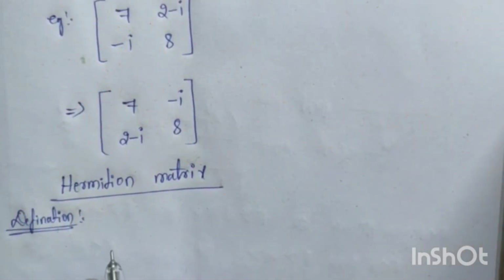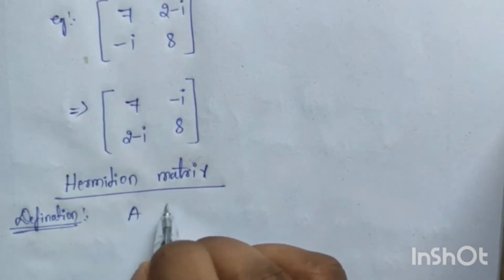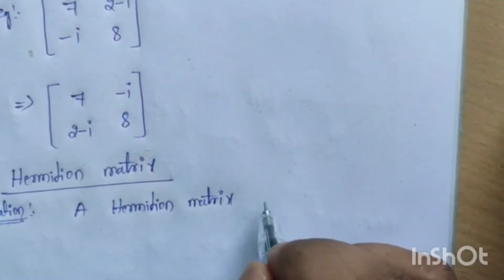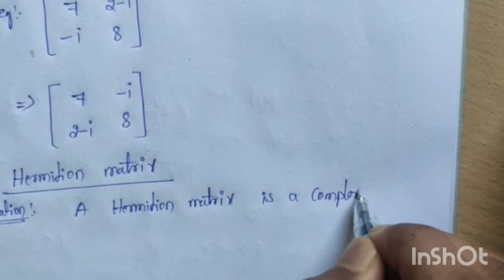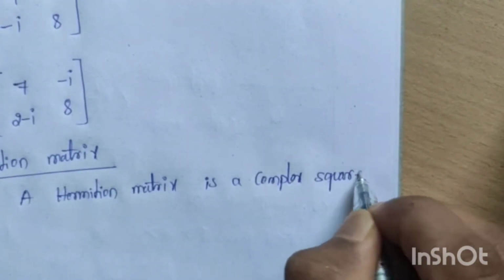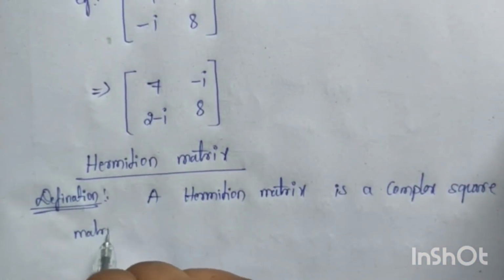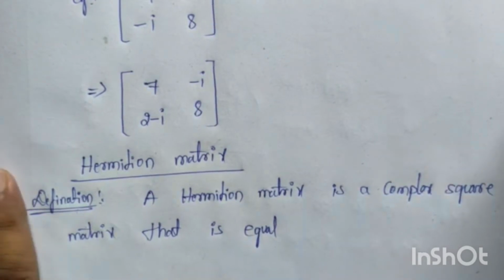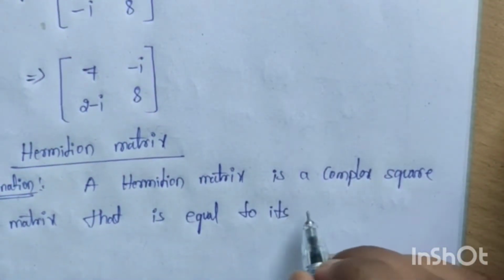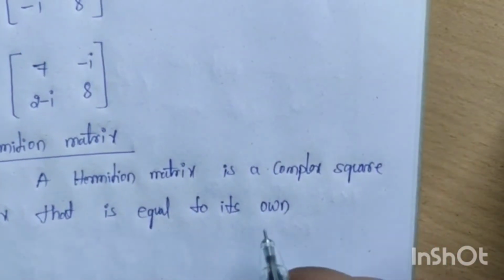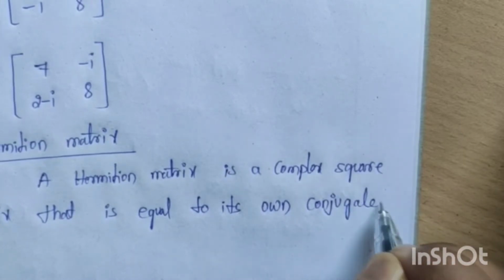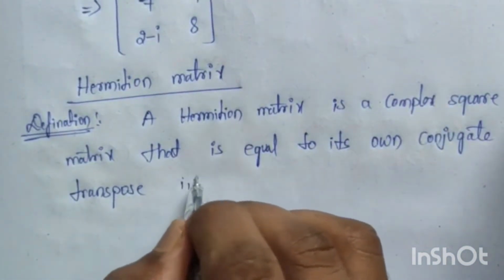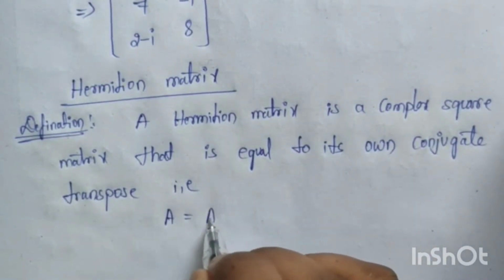A Hermitian matrix is a complex square matrix that is equal to its own conjugate transpose, that is, A equals A theta.